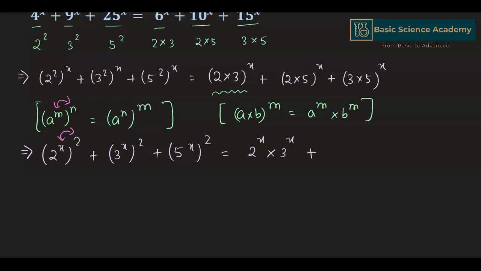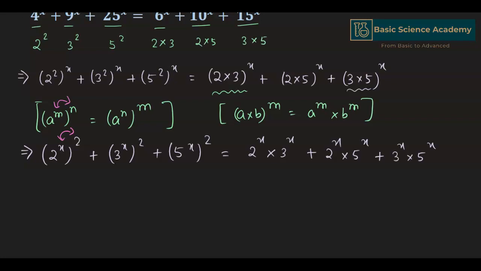Also, we can write 2 multiplied by 5 to the power of x as 2 to the power of x multiplied by 5 to the power of x, plus 3 multiplied by 5 to the power of x can be written as 3 to the power of x multiplied by 5 to the power of x.